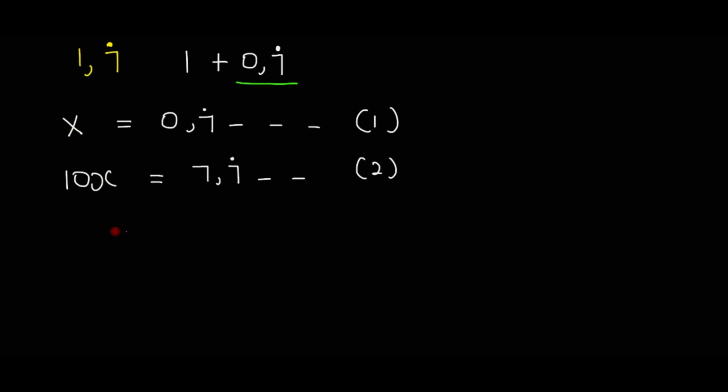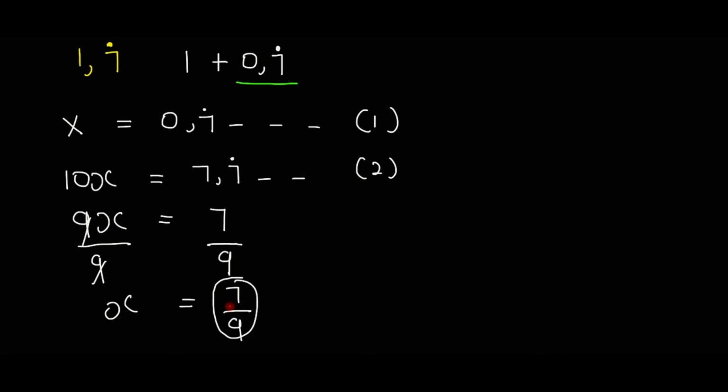From there we say equation 2 minus equation 1, so 10x minus x gives 9x, and 7.7 recurring minus 0.7 recurring gives 7, and then from there we solve for x. So x is equal to 7/9, and we got our answer, 7/9.